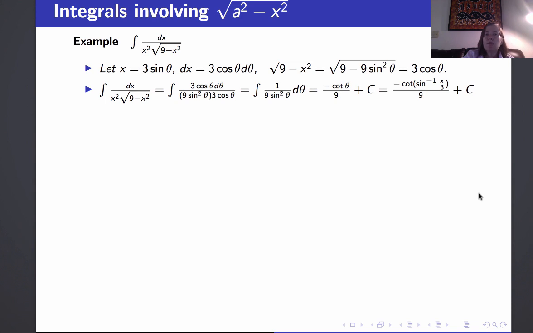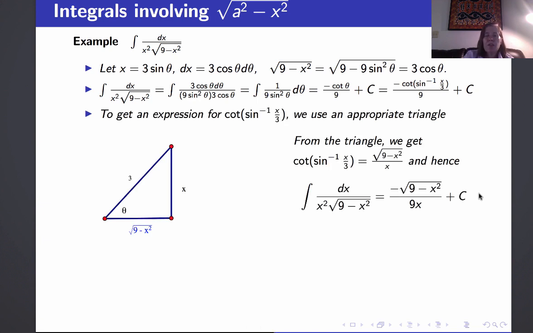Now 1 over sine squared theta is cosecant squared, and if you check out formulas on a formula sheet, or if you just check the derivative of cotangent of theta, we find that the antiderivative of cosecant squared is minus cotangent of theta. And remember, the cotangent is cosine over sine. Our integral becomes minus cotangent of theta over 9 plus a constant, which is minus cotangent of sine inverse x over 3, over 9, plus a constant.